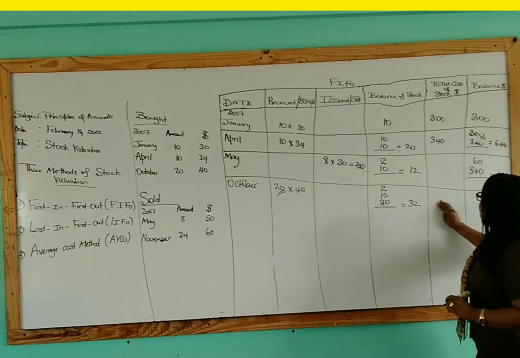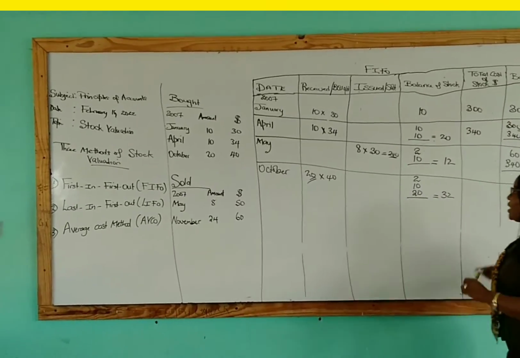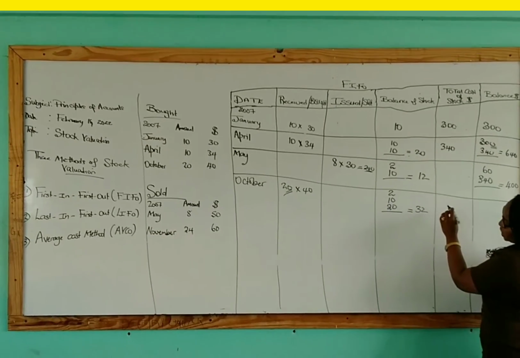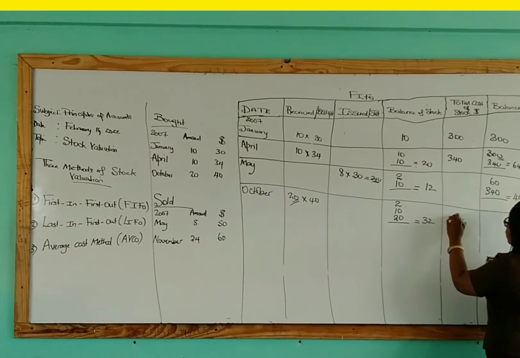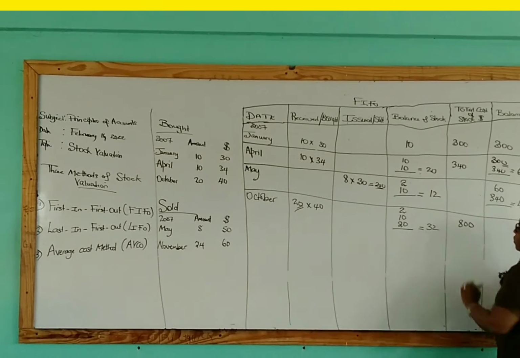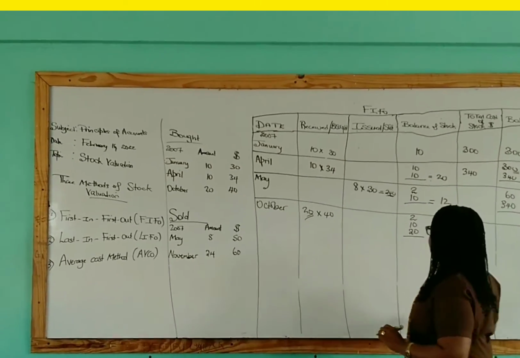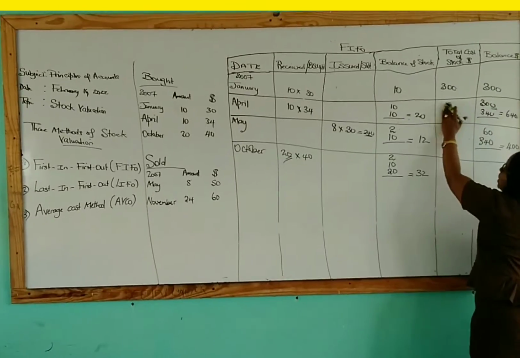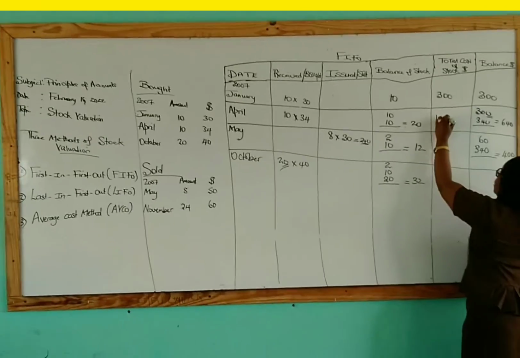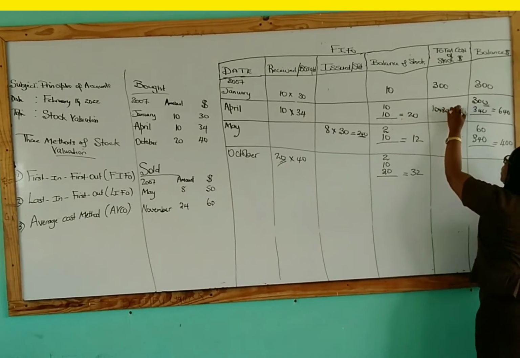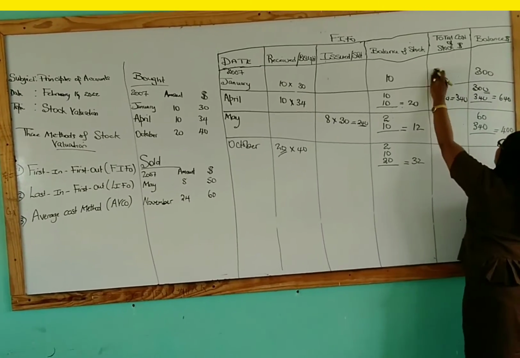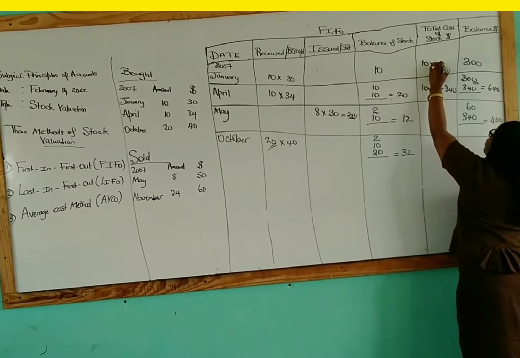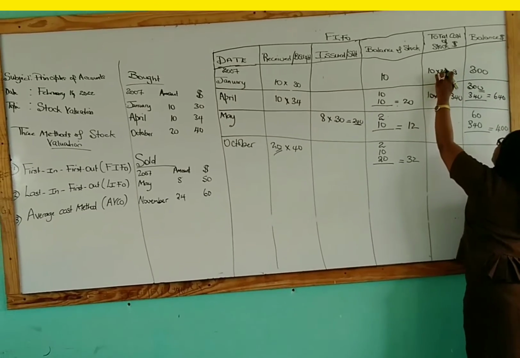So the cost for this 20 times 40 is what? 20 times 40 is 800. Is that correct? So it's 20 times 40 that we put here. I don't want you to get mixed up. To get this 340, 10 times 34 is equal to 340. And 10 times 30 is equal to 300.